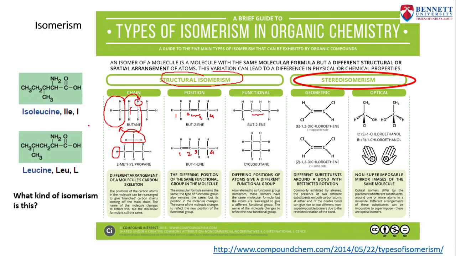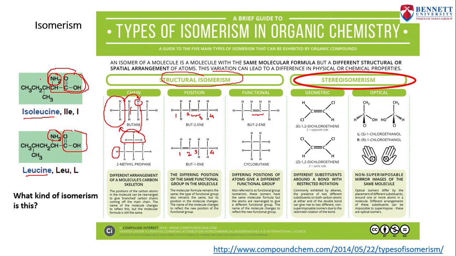In amino acid side chains, we can see one example here, and you can tell me what this is about. We have isoleucine and leucine. The main structural backbone, the alpha amino group right here and the alpha carboxyl group right here, have the same positions.